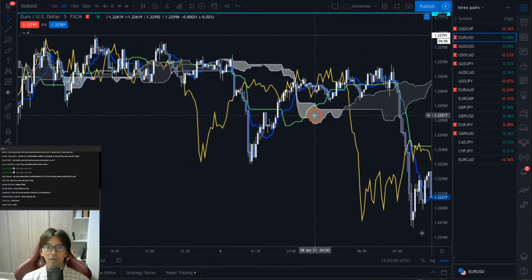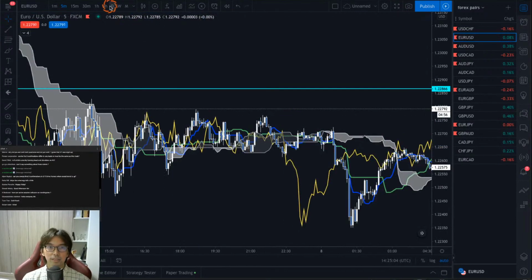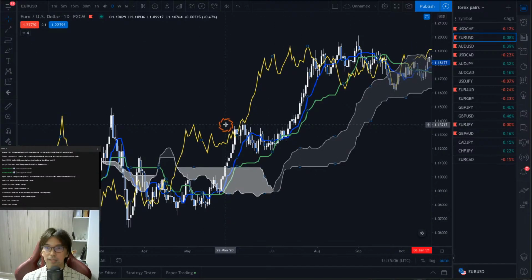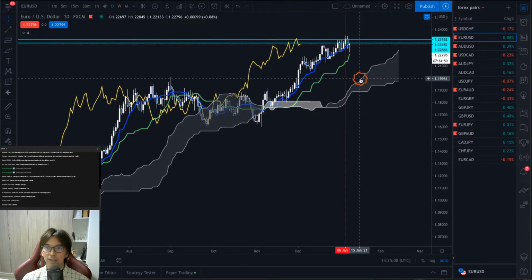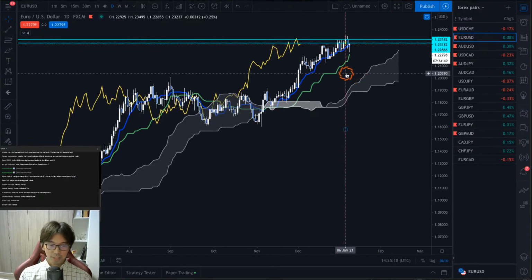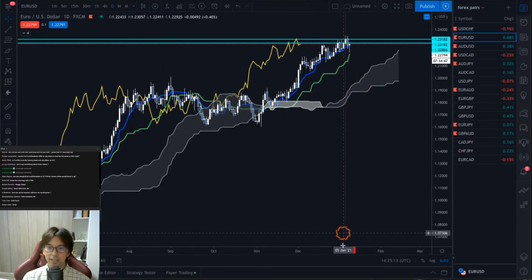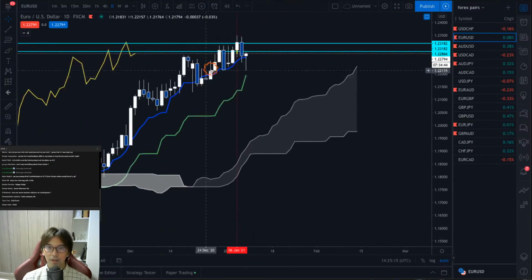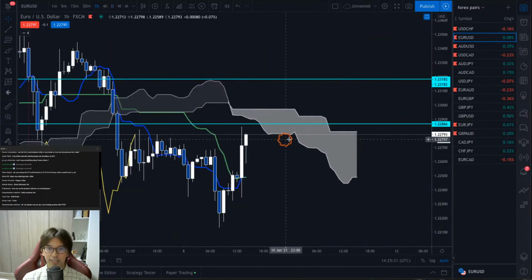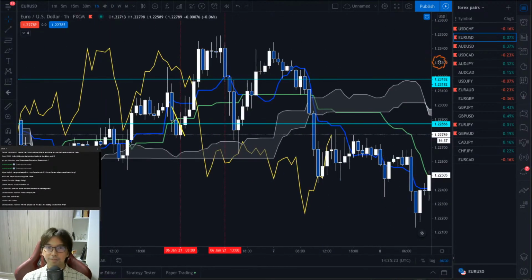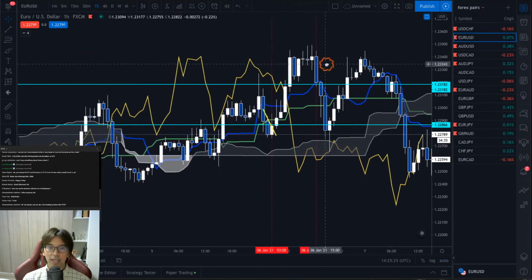So yeah, Euro USD and the daily chart, it was uptrending on the 6th of January, and this was exactly the day I took the buy. And in one, I was seeing the 1 hour chart, and over here there was an ascending triangle.